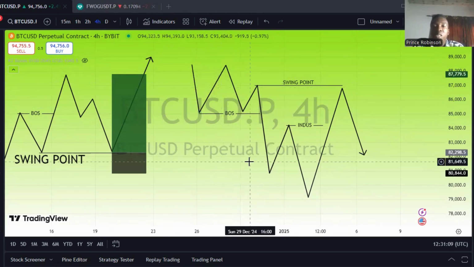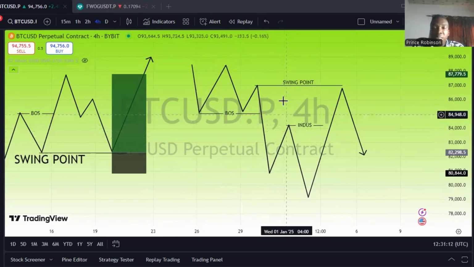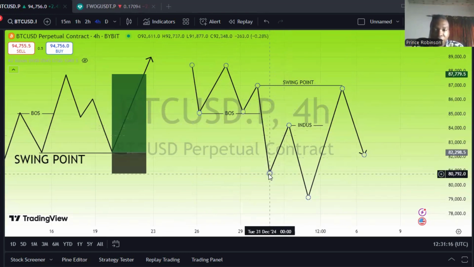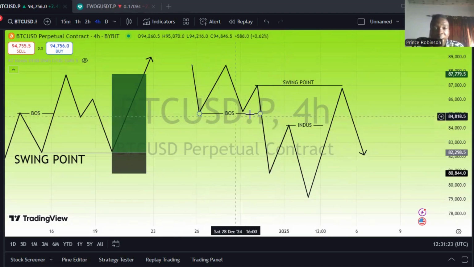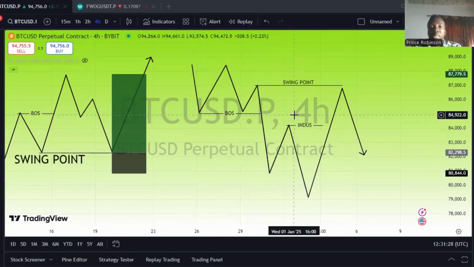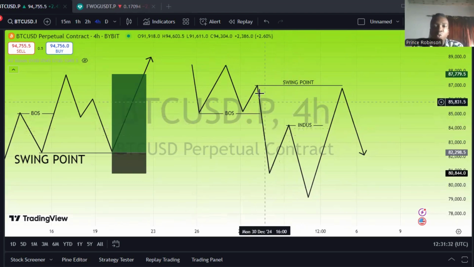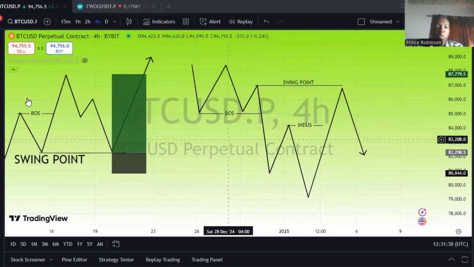Whereby what made this setup a high probability setup is that when price comes to retrace, people, somebody like me, will be waiting for it to come back to this support or resistance to continue either move. But it didn't. It stopped halfway, giving us an inducement to this swing.